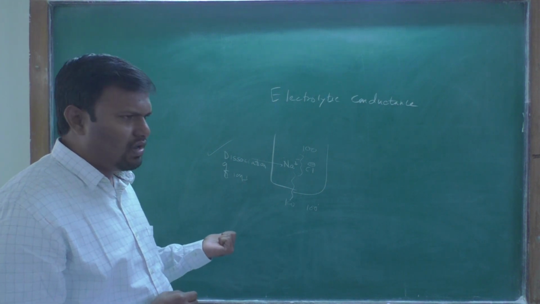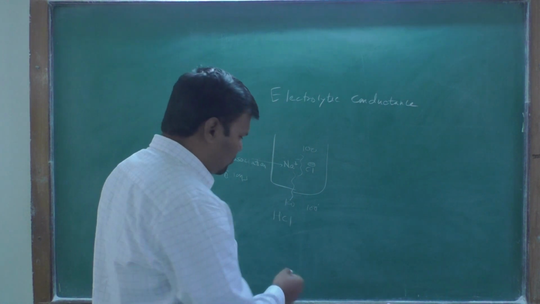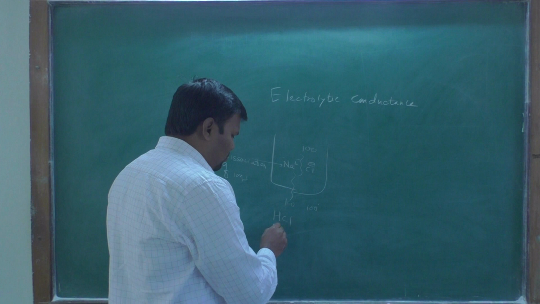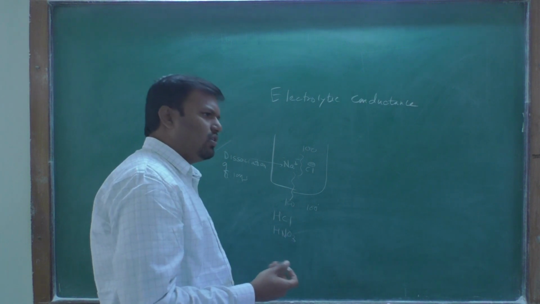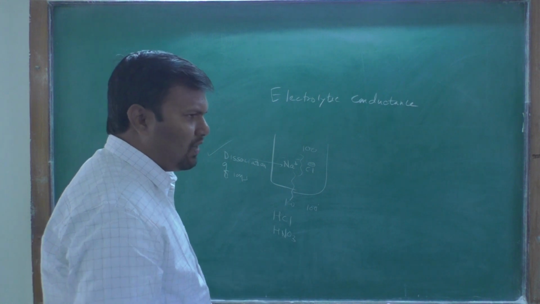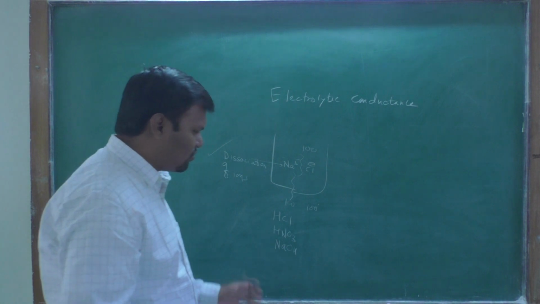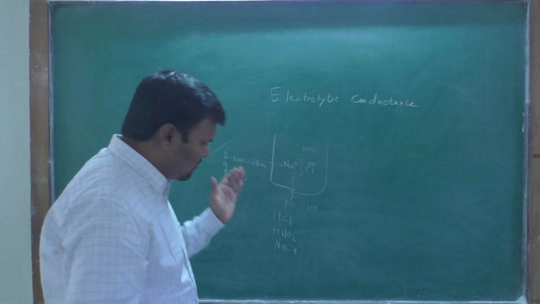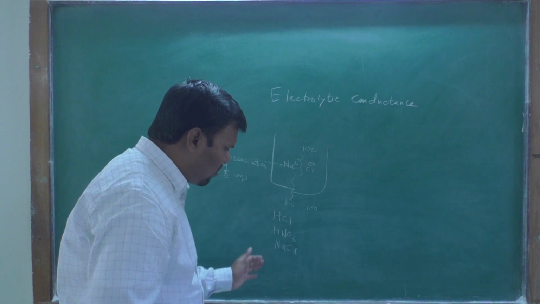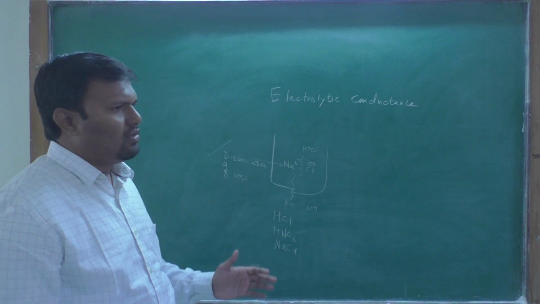For strong electrolytes, examples are HCl, which dissociates almost totally, HNO3, that acid dissociates almost completely, and NaOH, which always dissociates completely. These substances are called strong electrolytes, which dissociate almost completely.